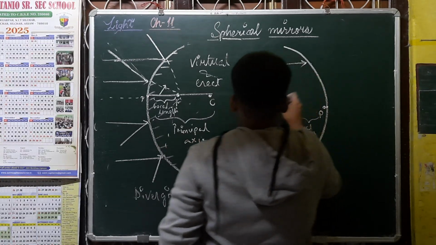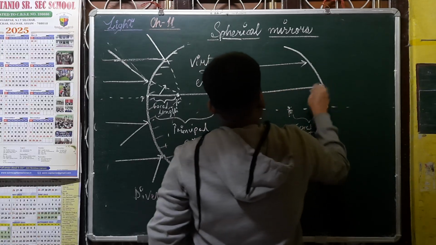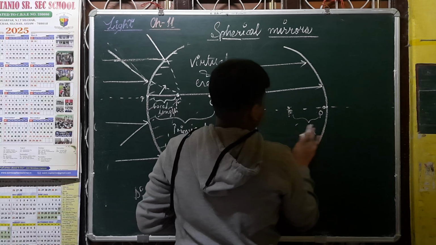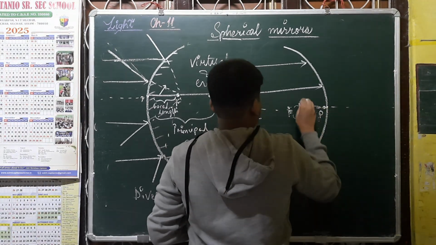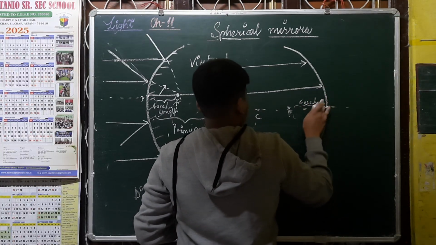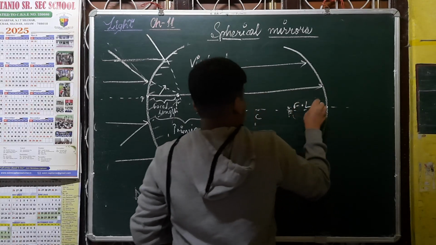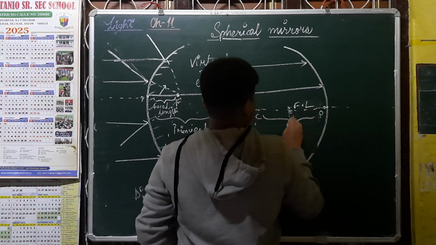This will be the incident rays. Okay, let me write FL, and principal axis, let me write PA.